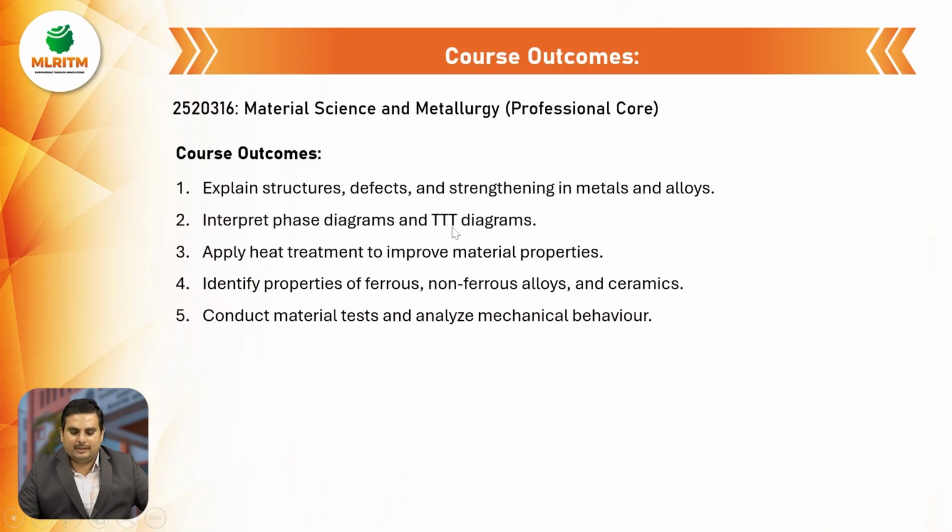The TTT diagram is nothing but the time, temperature, transformation diagram. And the third outcome, apply heat treatment to improve material properties. Heat treatment is done to the materials to improve their mechanical properties. They will be able to identify properties of ferrous, non-ferrous alloys and ceramics, and conduct material tests and analyze mechanical behavior. These are the 5 course outcomes.